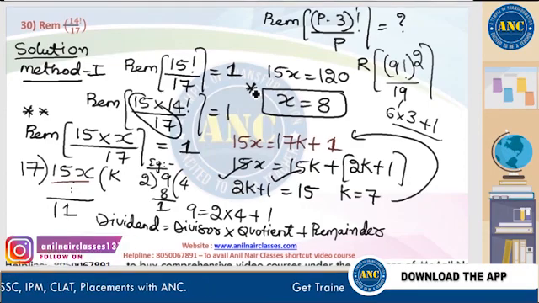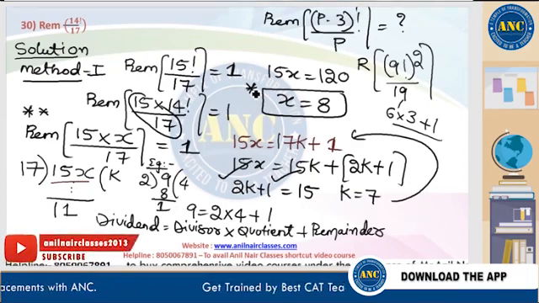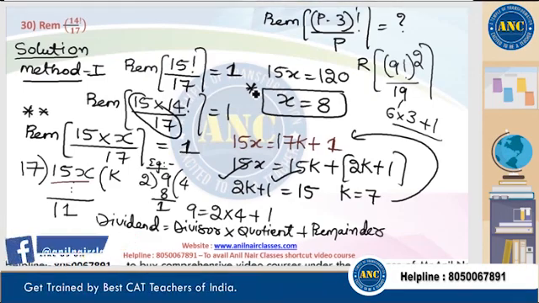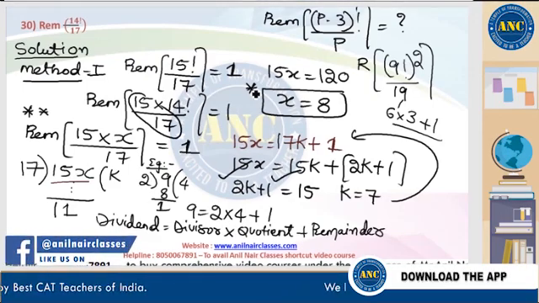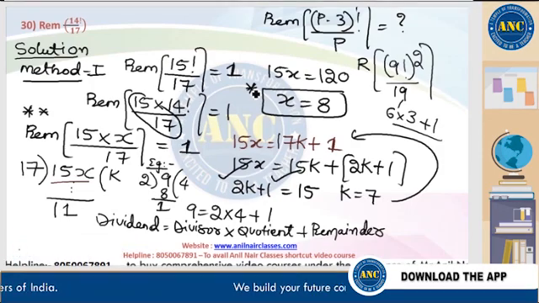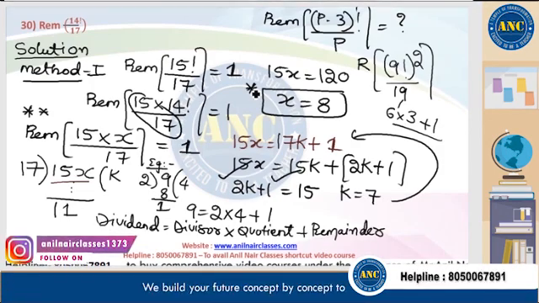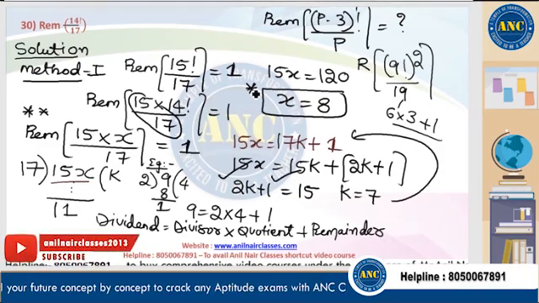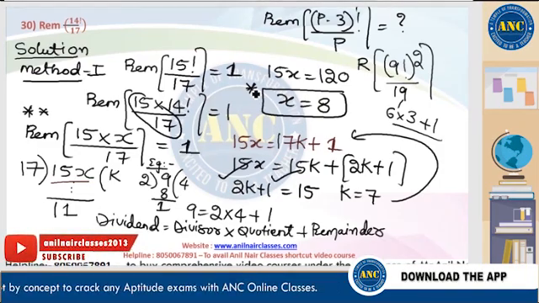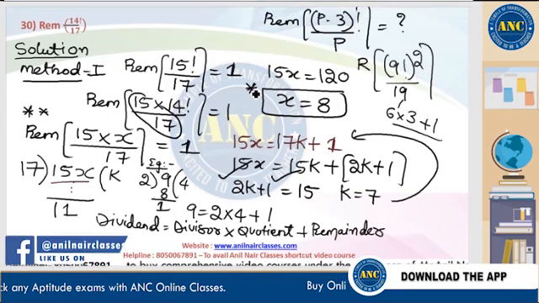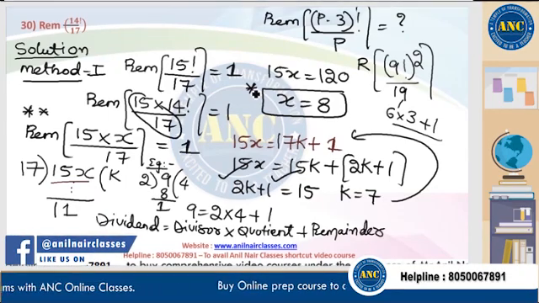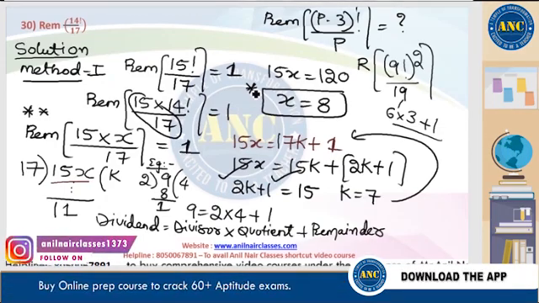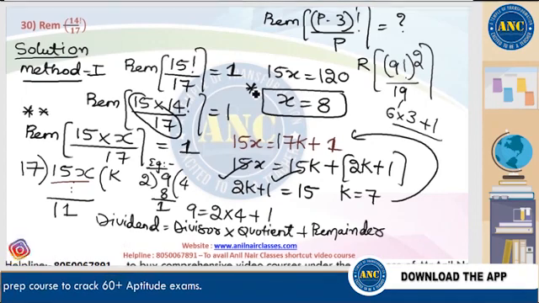15 factorial by 17 is 15 into 14 factorial when divided by 17. 15 divided by 17 is 15. Next, 14 factorial divided by 17 is x. Dividend equals divisor into quotient plus remainder: 15x is 17k plus 1.